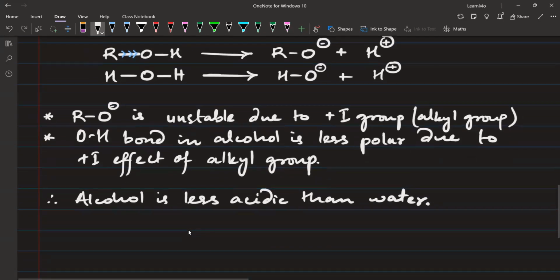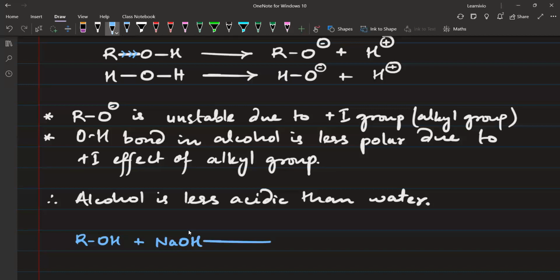And that is one of the reasons the alcohol does not show this type of reaction. If you react this with any hydroxide based bases, for example, we have alcohol, ROH, and NaOH. NaOH is a good base, so it should show some reaction like this.